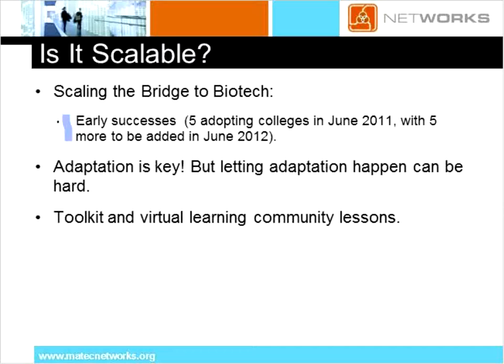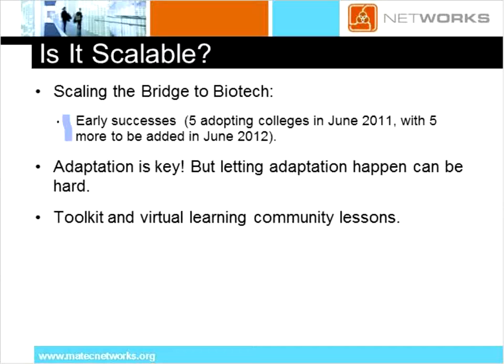If you let adaptation happen, I think it can spread more rapidly to other sites, and they can then figure out what it takes to make it work at their campus or at their community college.